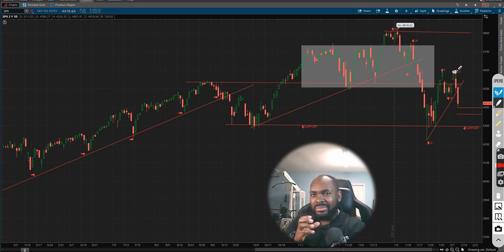So I pretty much point this out as a lower high right here. And if you add the moving averages to this, which is critical, you would have seen that the moving average right here, I think it was the 200 SMA, is right around 4600. So the market ran up to that 200 SMA, pulled back, came back, tested, and then the market started to roll over again.